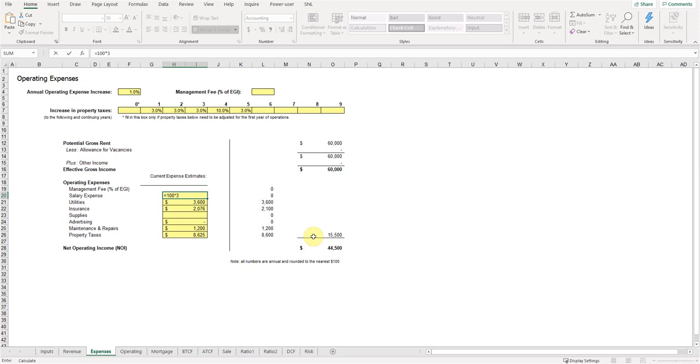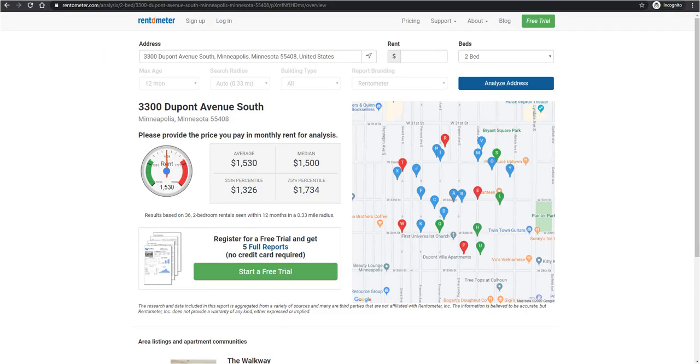So there's three units, $100 per month times 12. It gets you to about $3,600. I live in the local area, and water and utilities are generally about $100 per month. And so if there's three units, let's do the same thing. That gets $3,600.